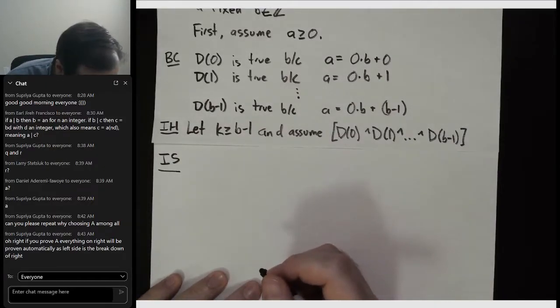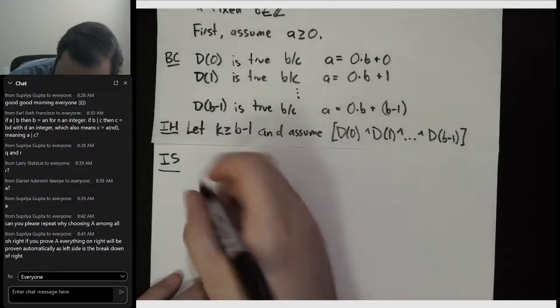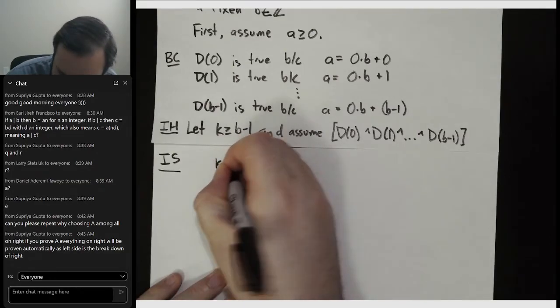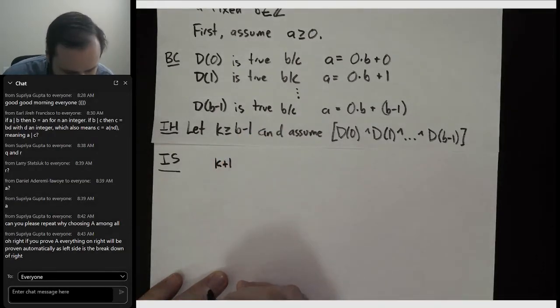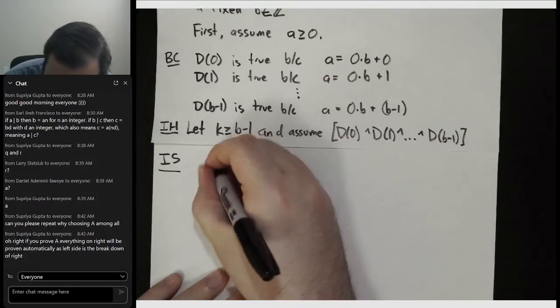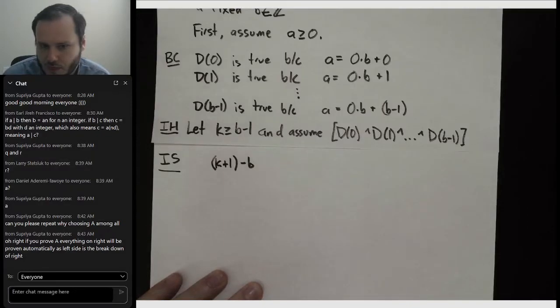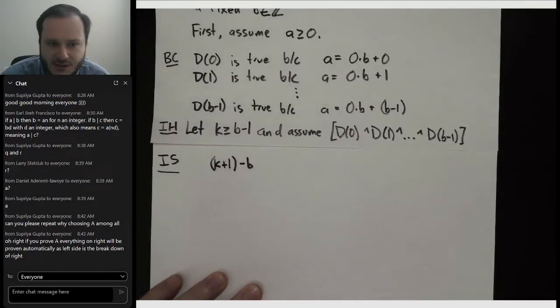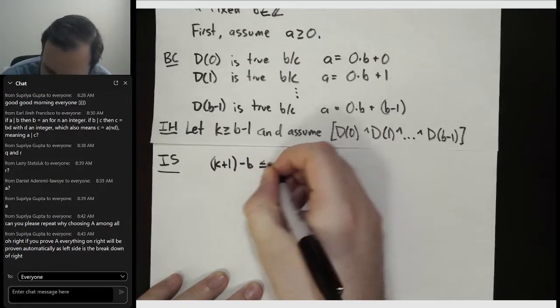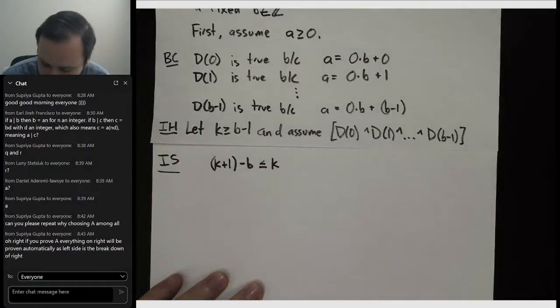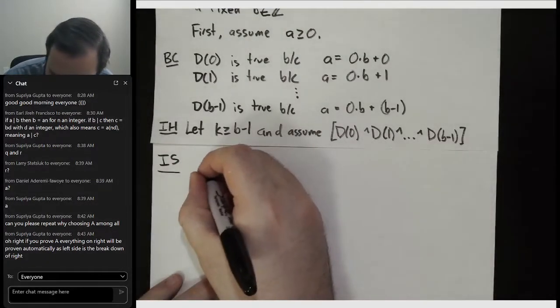I know that if I take k plus 1 and I subtract off b, well, I know b is a positive integer, which means that this is at most as big as k, but also greater than or equal to 0.